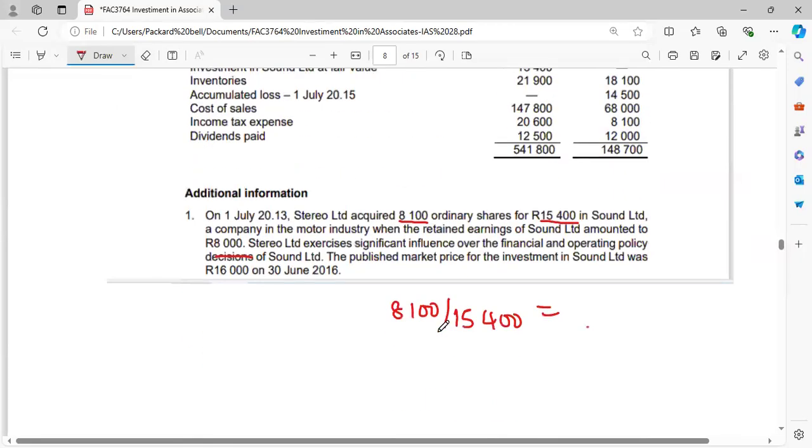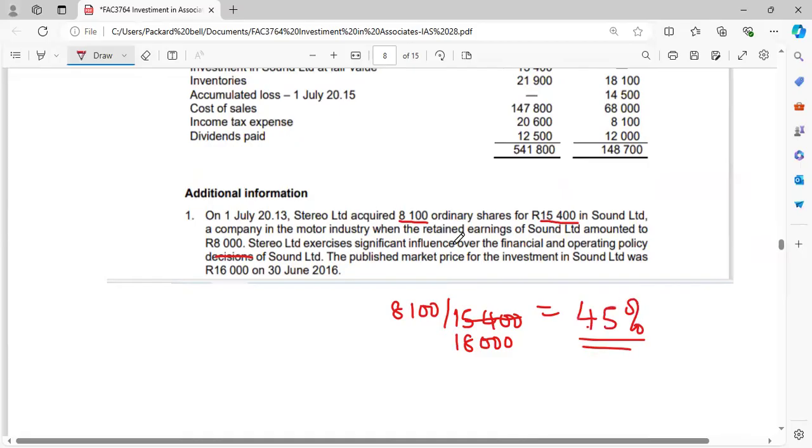You see another trick: you will be using the wrong numbers everywhere. So we're going to have 45%. That's the percentage of interest.